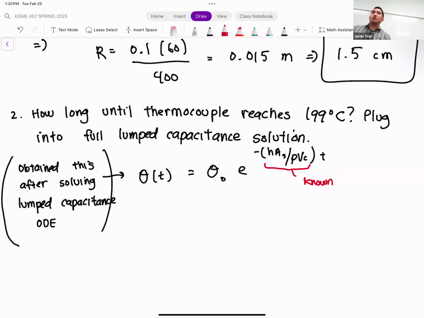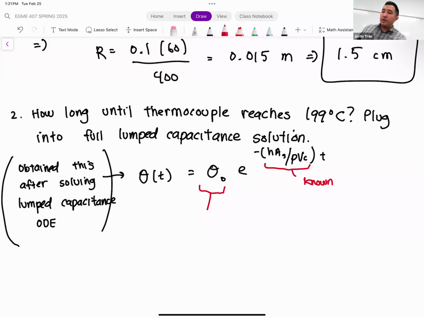We're given the convection coefficient. We can compute the surface area because now we know the radius. The density was given to us in the problem. The volume, again, we can compute based on the radius that we computed in the last step. And the heat capacity was given to us in the problem. This one we can also compute as well.